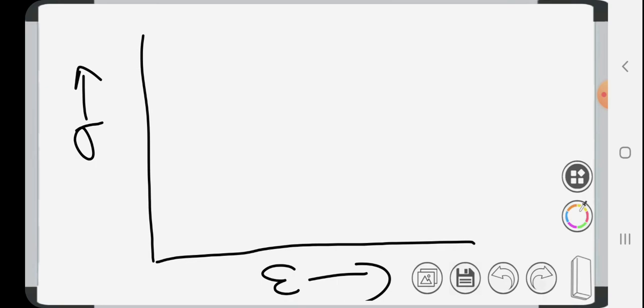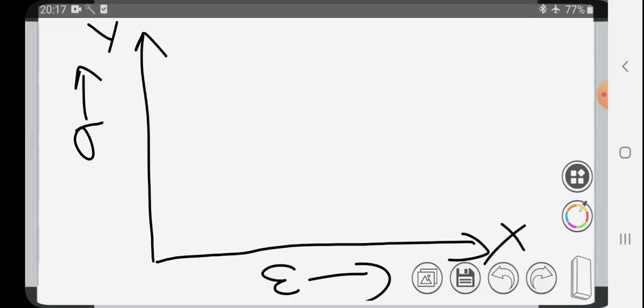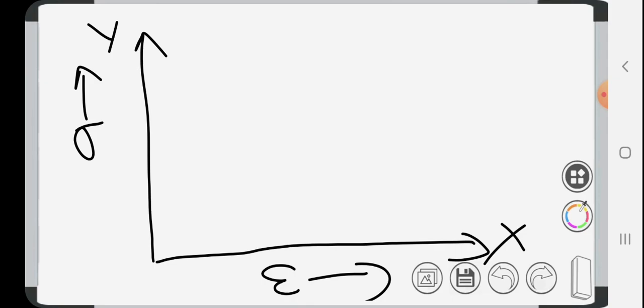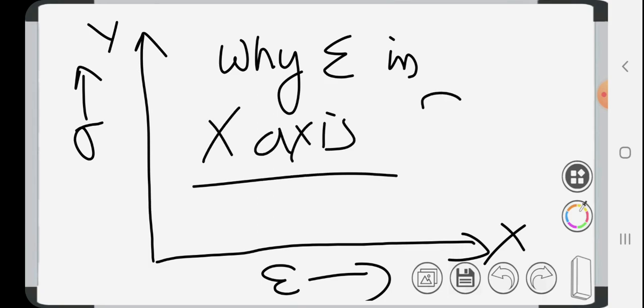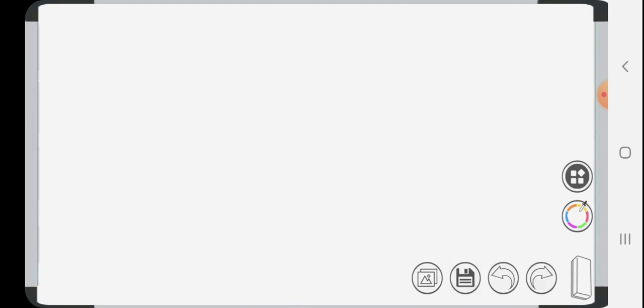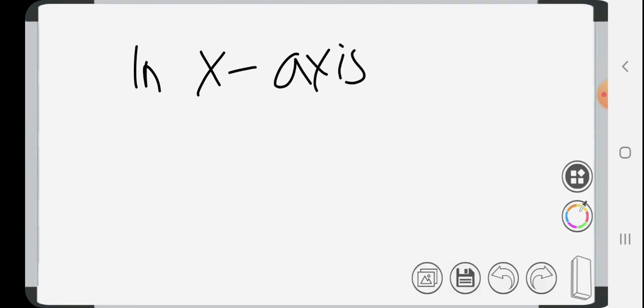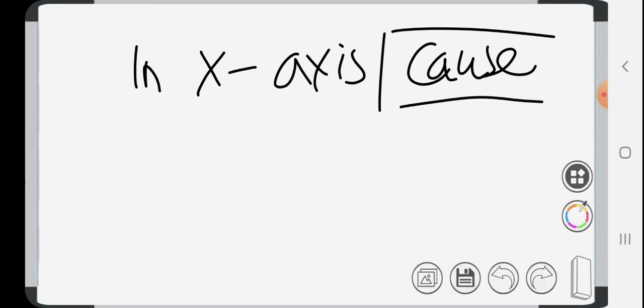Why are we taking strain on the x-axis? Can you guess? Actually, if we are plotting two parameters in a graph, on the x-axis every time we plot the cause, the parameter which causes the effect.